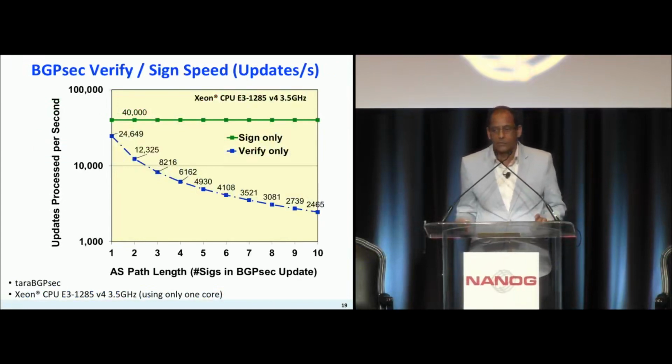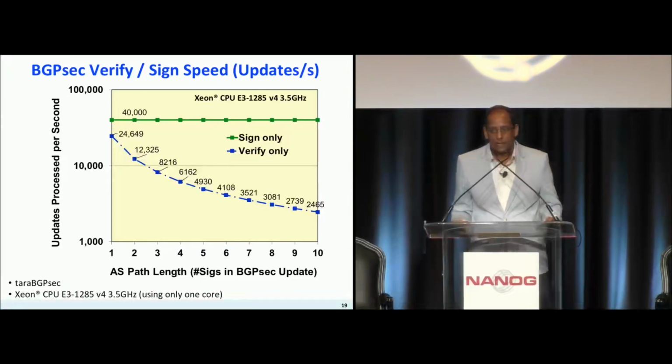This chart shows the update processing speed versus the AS path length. So when you look at a BGP-sec update, it may have a different number of ASs in the path. That's what we call the AS path length. There's only one signature per update. When you send an update from your BGP-sec router to your peer, you add one signature.